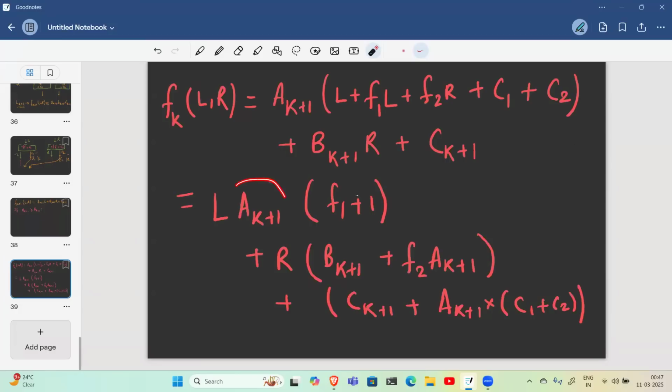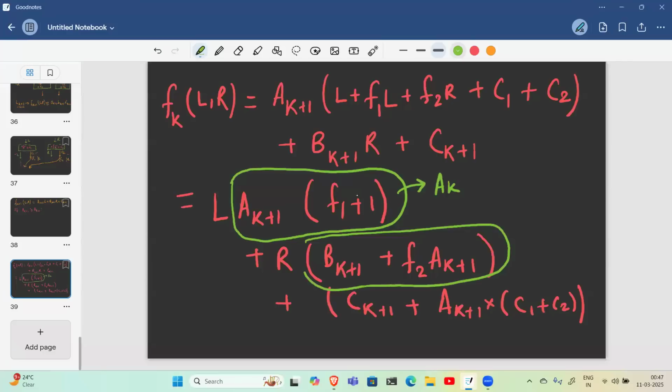That means I took help of these k+1 coefficients to find out the coefficients for f_k. Now if you see clearly, anything which is attached with L in f_k, that is a_k, right? So this is my a_k. This is my b_k. And this final term is my c_k.